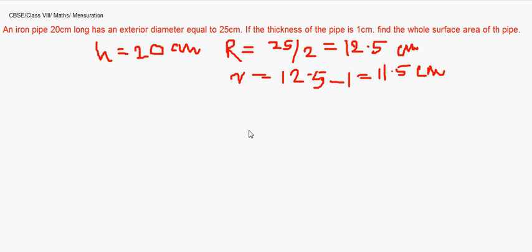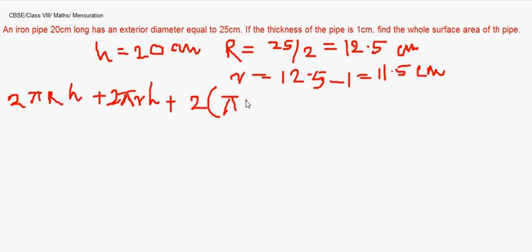We need to now find the total surface area of the pipe. If you remember, we had discussed this in a previous video, wherein I had given you the formula to find the total surface area of a hollow cylinder. It will be 2 pi RH plus 2 pi rh, wherein we have two different radii, minus 2 pi R square minus 2 pi r square, which I'm taking 2 common.